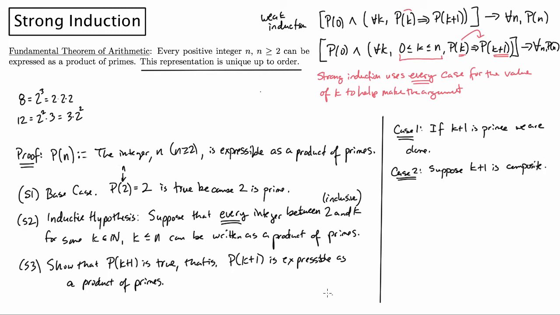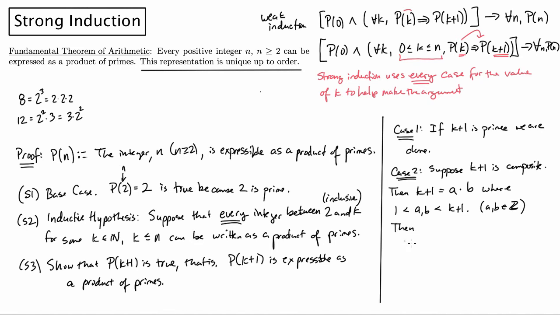Now, if k+1 is composite, then that means that k+1 is equal to 2 factors, a and b, where each of those factors is somewhere between the numbers 1 and k+1. So this is where a and b are elements of the integers, and they're both between 1 and k+1.